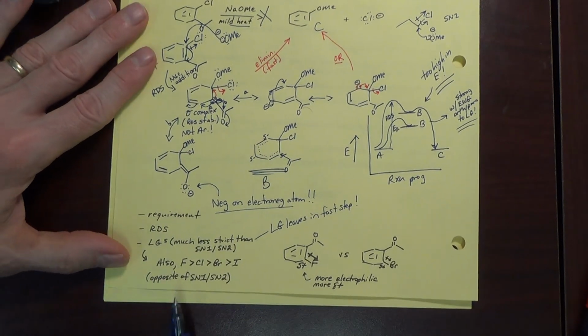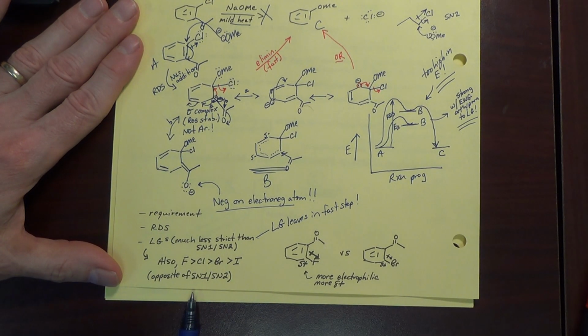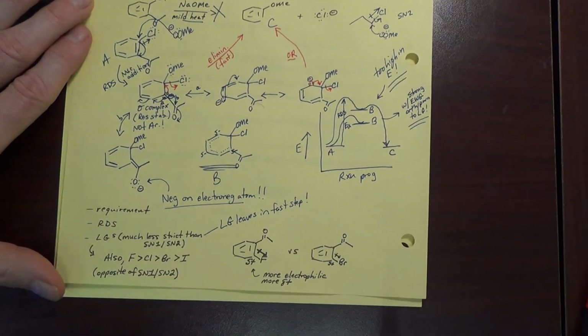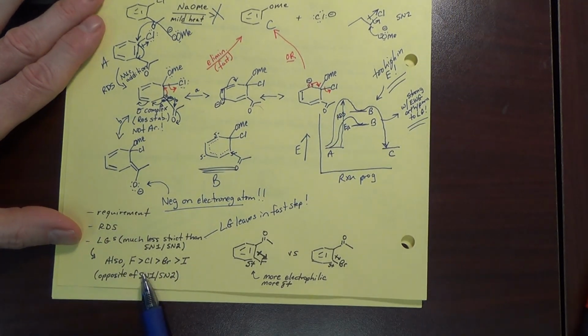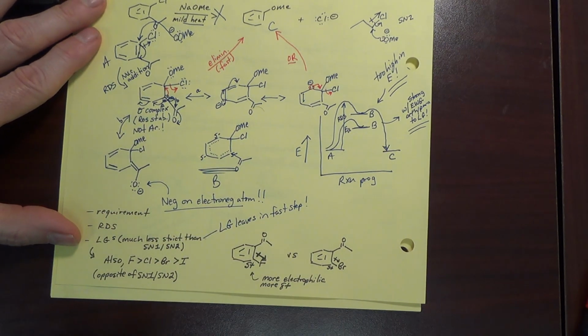Now also, your trend for your halogens is opposite here. In NAS, the fluorine is actually the better leaving group. Because, what do we mean by better leaving group? That is, the fluorine makes the reaction faster.